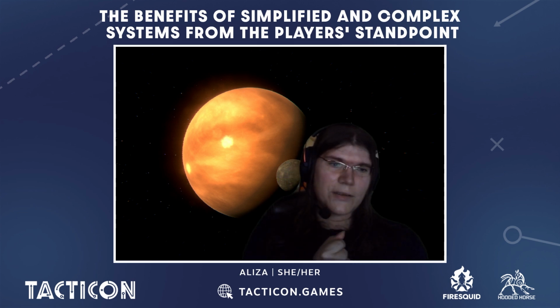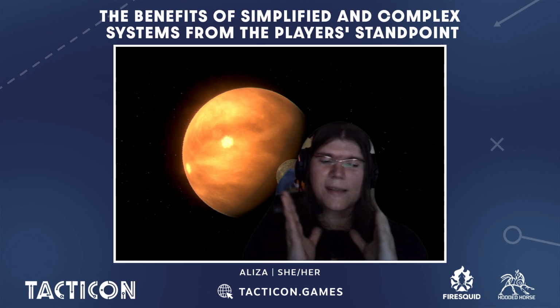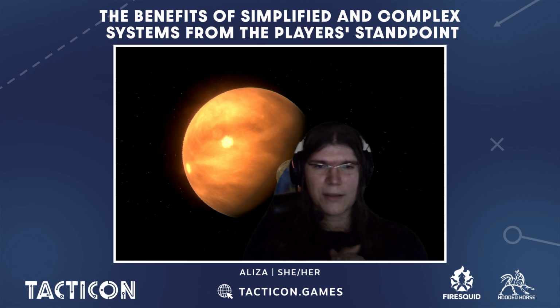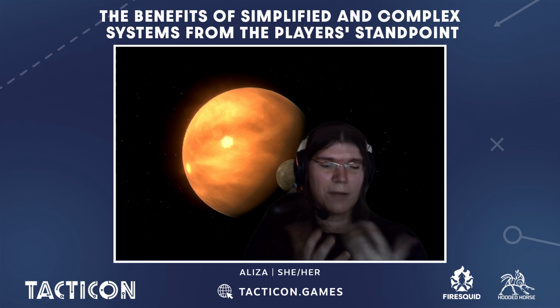On the other hand, with simplified systems, you can more easily see beforehand if something is too much or not enough. For example, the damage of a weapon, because there's not too much to look at.